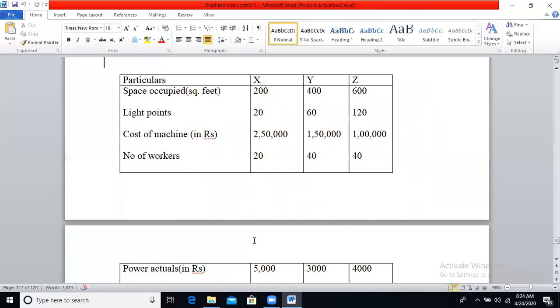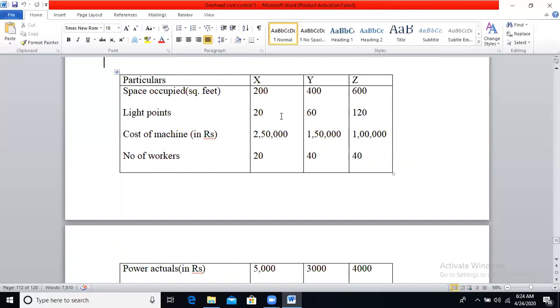For space occupied, remove two zeros, then you will get 2 is to 4 is to 6. So you can further calculate the ratio as 1 is to 2 is to 3. And for light points, remove 1 common zero, 2 is to 6 is to 12.